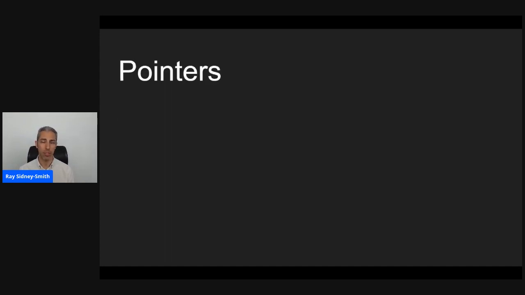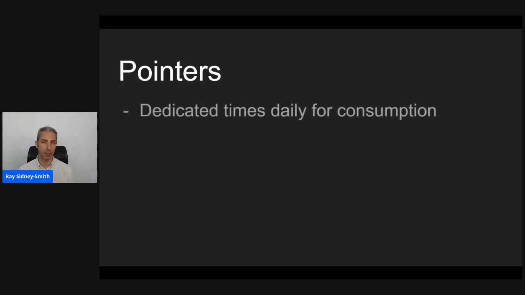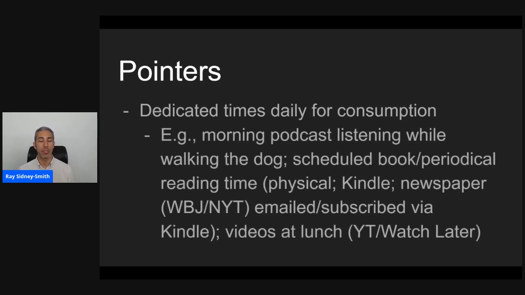Some pointers as it relates to this. I just think it's really useful to understand where I'm coming from, which is that I try to dedicate specific times of the day for different types of consumption. And so, for example, in the mornings, I do my podcast listening usually, and that's while walking the dog. And as you may or may not know, I have a blind dog, and so he is a slow walker.